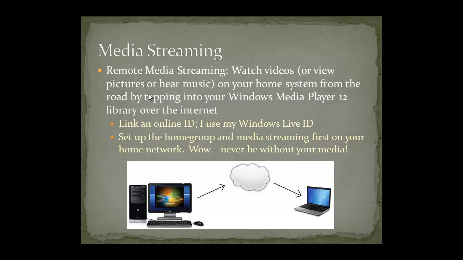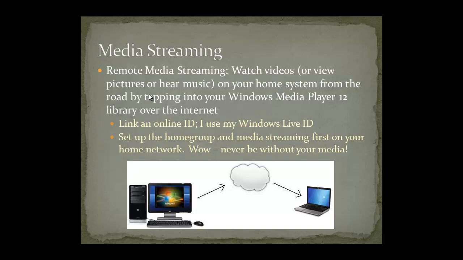And then, once you've set up your home group, you can do the next cool media streaming feature, which is called remote media streaming, in which you can watch videos or view pictures or hear music that are on your home system from the road by tapping into your Windows Media Player 12 library over the internet. Now, to do that, you have to first link an online ID, and I use my Windows Live ID for that.